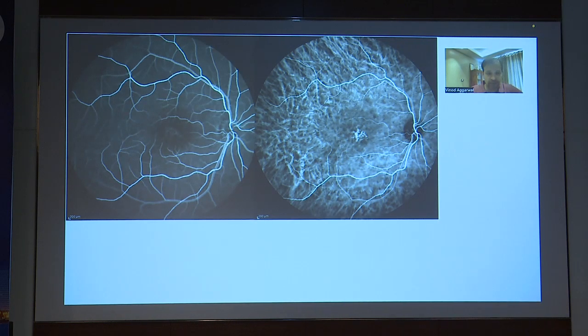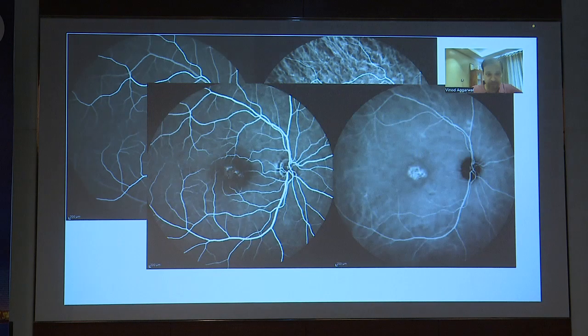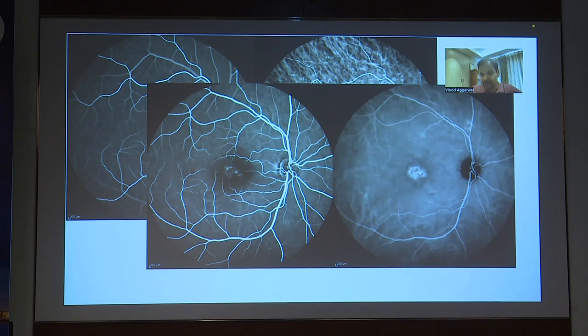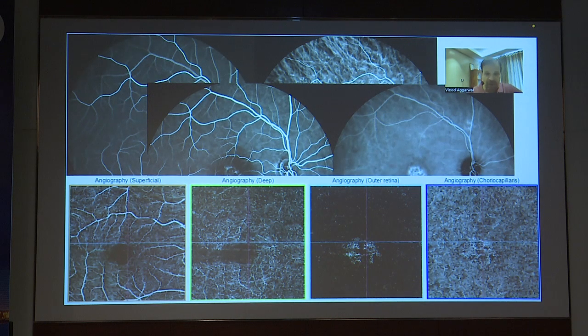You can see on FA there is some stippled hyperfluorescence, which gradually increases mildly in the later phases, while ICG does show some hyperfluorescent vessels in the center of the fovea, which again show a little bit increase in the late phases.